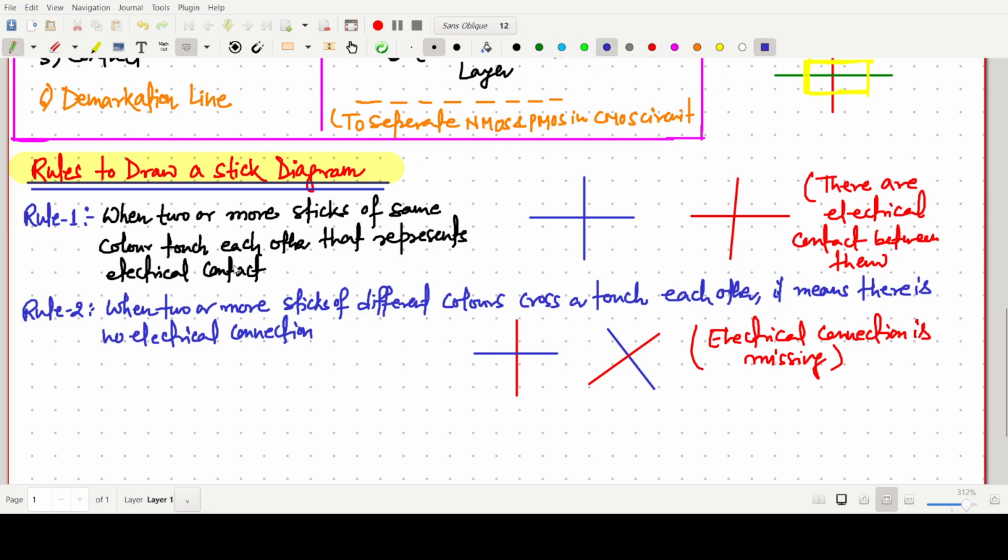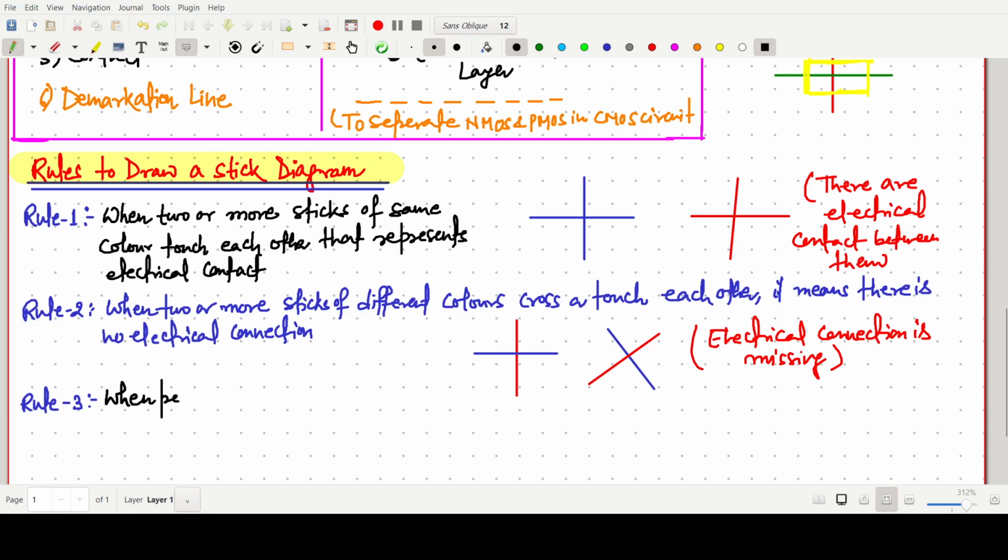Now we have to go for rule three. In rule three, when polysilicon crosses the diffusion layer, that represents the MOS. It is very important. I have discussed the NMOS.